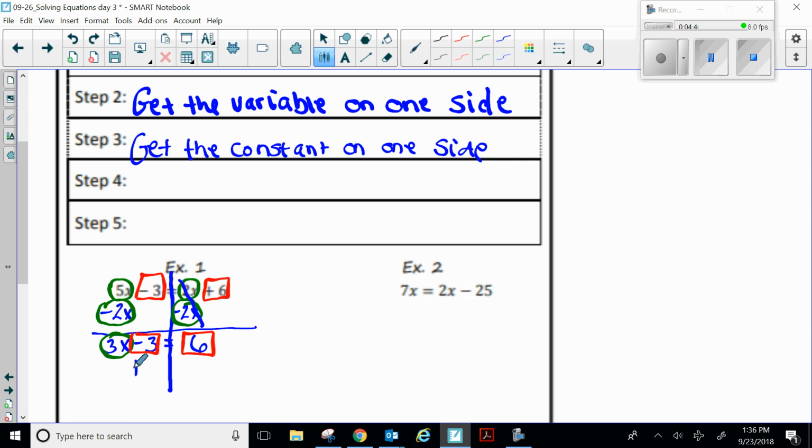So I'm going to add 3 to both sides. By adding a +3 to -3, I get 0. And I'm left with 3x equals 6 plus 3, which makes 9. Just to double check that I didn't make any mistakes, I'm going to box in that positive 3 so I know that I combined a constant with a constant.